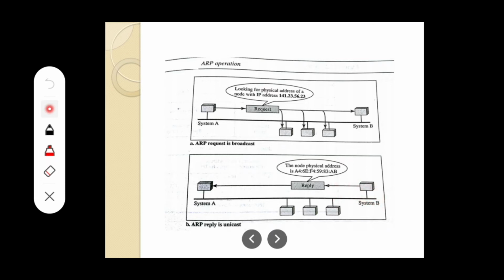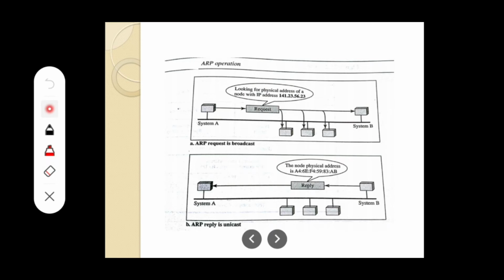Okay, so who is going to reply? He wants the address of whom? He wants the address of this destination. Here system A is connected with many routers, but he wants to reach this system. So only this system will respond.